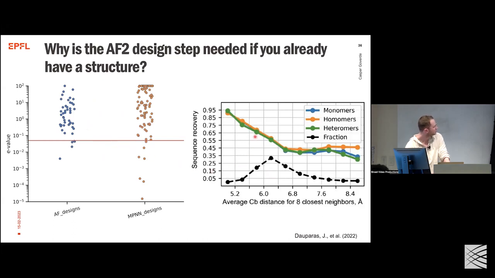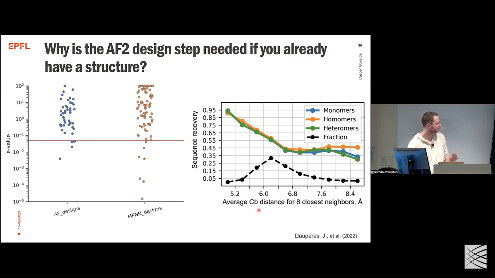And I would also want to show you on the right here a figure that was in the supplementary information of the ProteinMPNN paper. What you can see is that for monomers, homomers, and heteromers, the sequence recovery, where there are a lot of neighbors, so the average C-beta distance for the closest neighbors, can be seen on the x-axis.